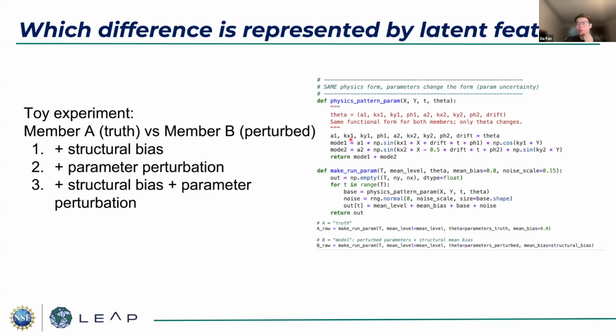From this toy experiment we can see the latent distance we used in both calibration and explainable AI is mostly attributed to the physical parameters, rather than structure bias.